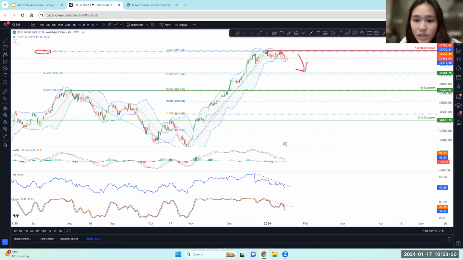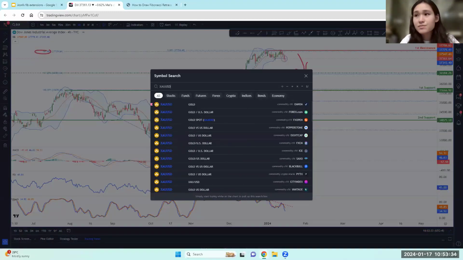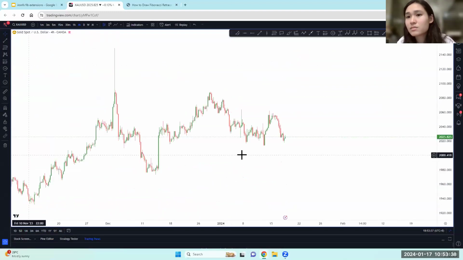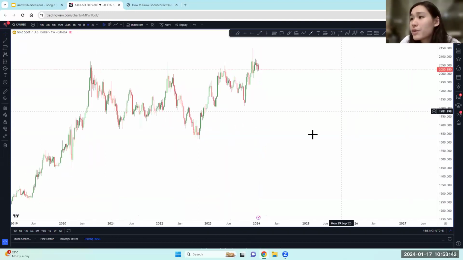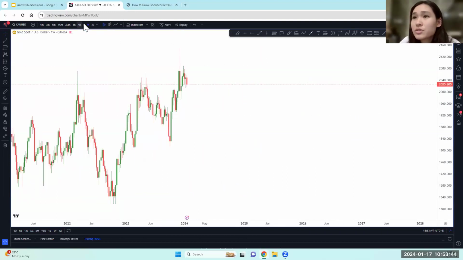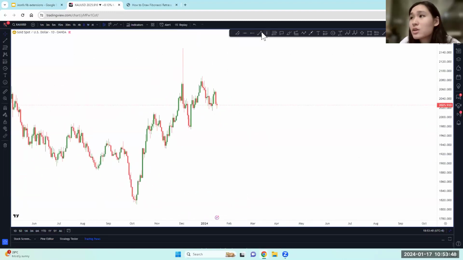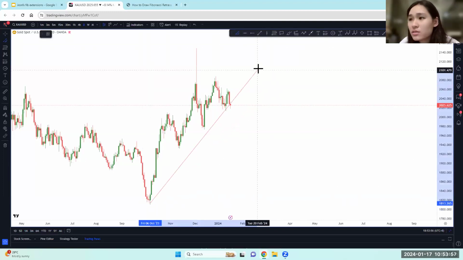Let's look at gold. On our weekly time frame, it's pretty bullish, right? On our daily time frame, also pretty bullish. There's not a trend line, but let's see if we have a trend channel.